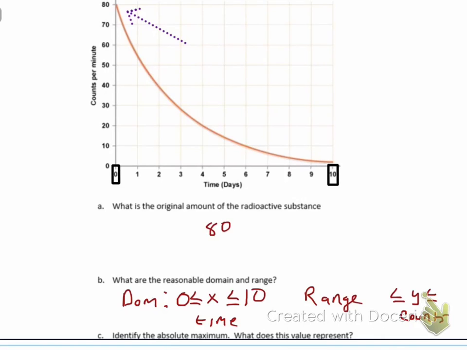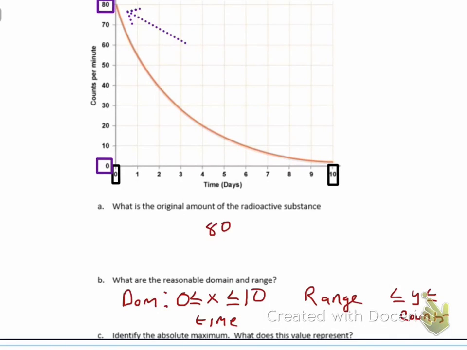And your range now, let me do this in a different color. Again, it's ending close to 0. So when it says reasonable, and it started at 80.